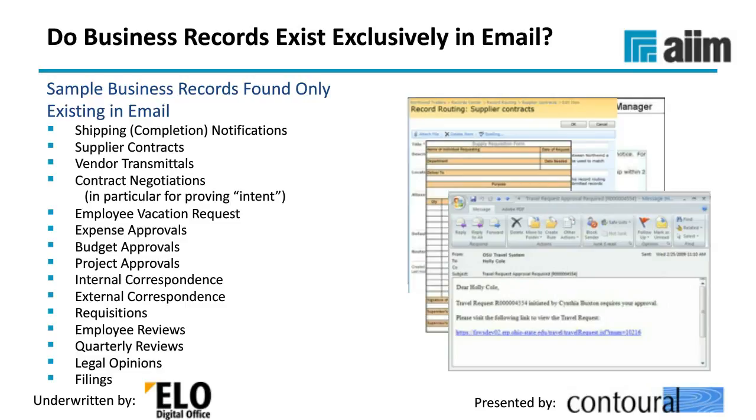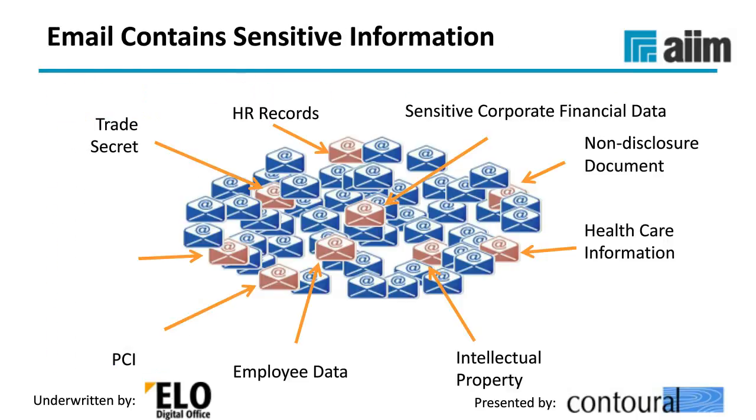And not only the issue around email records, Dan, you've seen this, even if it's a non-record, you've seen a lot of sensitive information in email. I mean, it's not just the records. What kind of stuff do you see in email? Yeah, that's right. Unfortunately, email tends to be the common medium in which to communicate not only with internal stakeholders, but external ones as well.